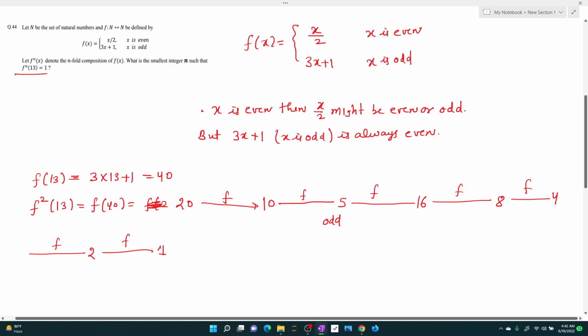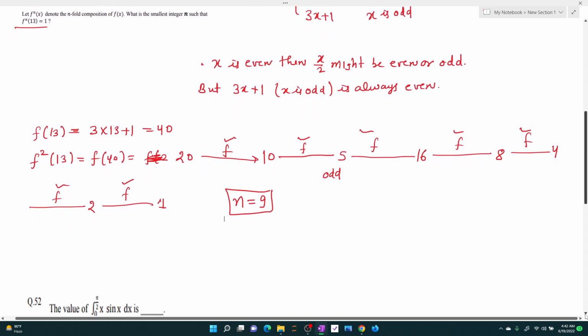So what is the smallest value of n which gives us the value as 1 is 1, 2, 3, 4, 5, 6, 7, 8, and 9. So here the value of n is nothing but 9. I hope this solution makes sense to all of you.